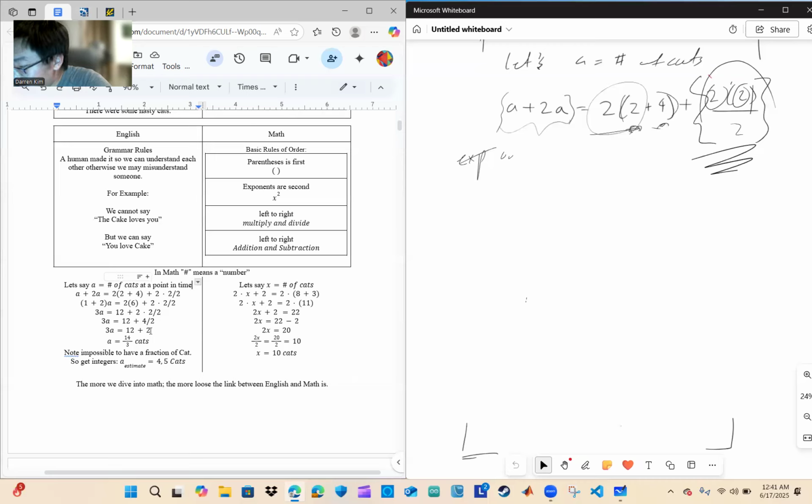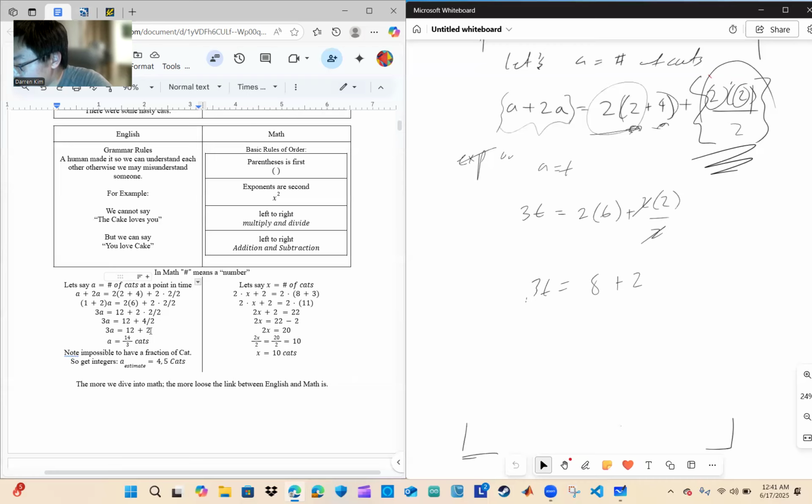So at t equal t, when time is that, we get this function. What the hell am I doing? 3t equals 2 times 6 in parentheses plus 2 times 2 in parentheses by 2. So you can cancel out. That's just 2 plus 8 equals 3t.